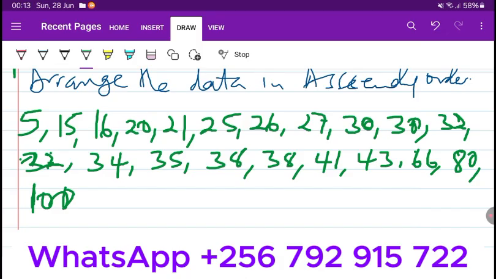So these values, if you count them, we have 1, 2, 3, up to 21. I hope we have not skipped any values.